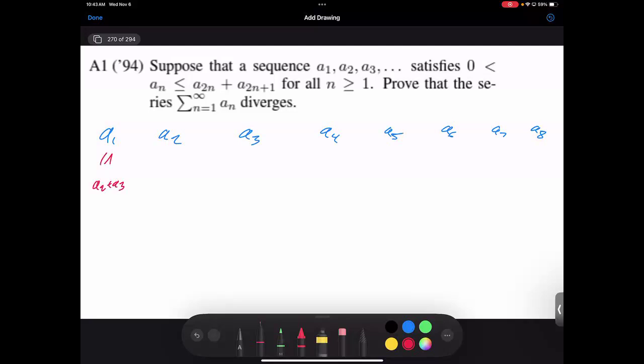Another way of saying that is this sum A2 plus A3 is greater than or equal to A1. What about A4, A5, A6, A7, A8?